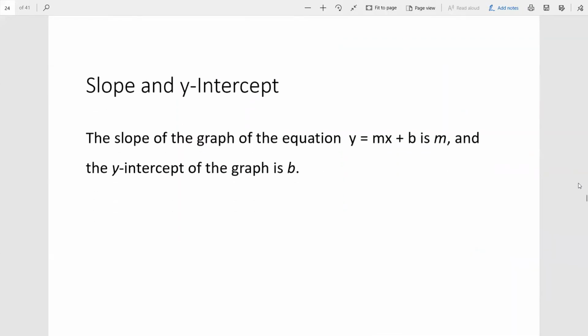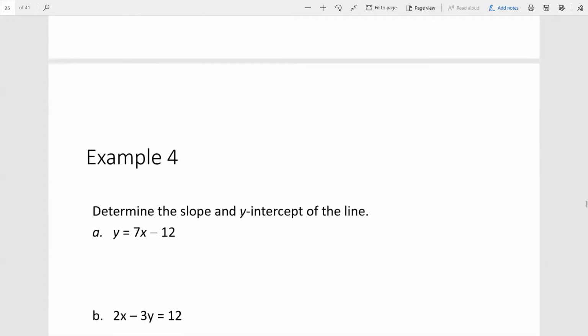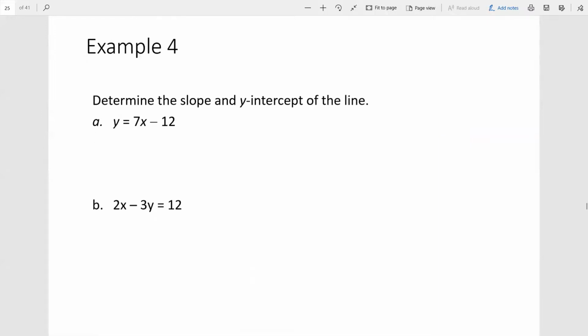Now, slope and y-intercept. As we said, we can write the equation of a linear function as y equal mx plus b. The slope is m, and the y-intercept of the graph is b. This is the slope-intercept form of a line, and it asks us to determine the slope and y-intercept of the line.